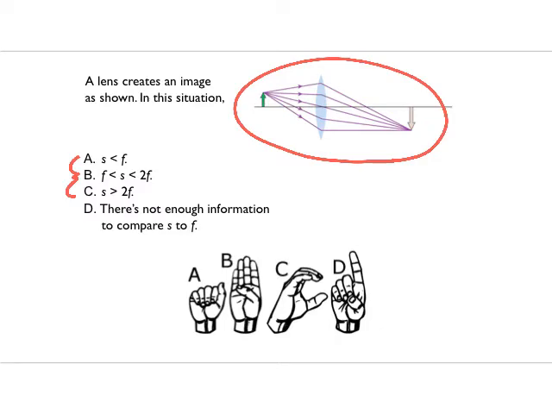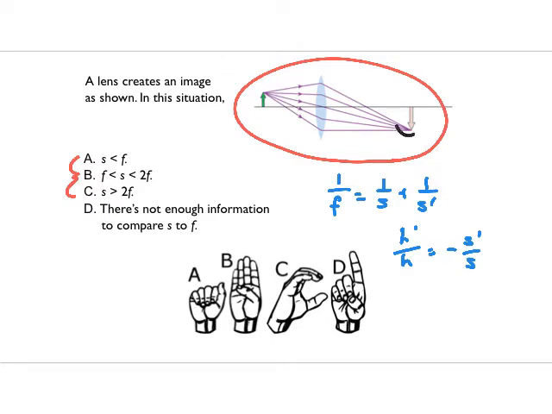We've got two basic relationships for lenses and images. One of them is 1 over F equals 1 over S plus 1 over S prime. And the other is H prime over H equals negative S prime over S. Those are our two basic relationships. I want you to think about how they relate.